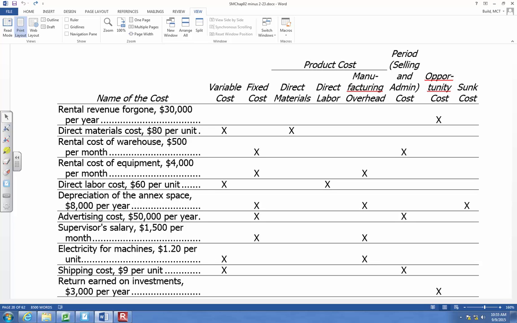So why is it a sunk cost? It is, but you have to know why. You've already bought it.